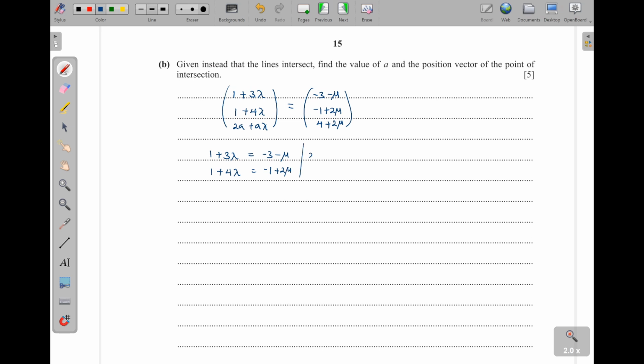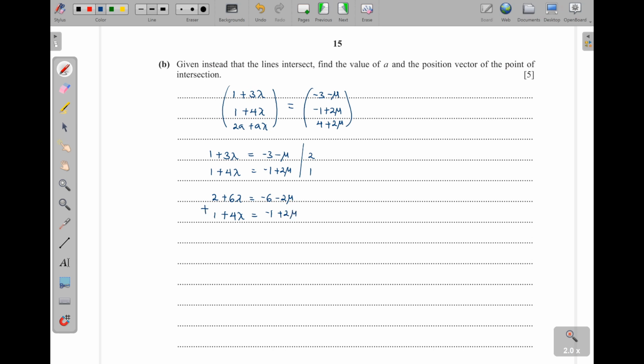Then I can multiply this one by 2 and then this one by 1, such that I can eliminate the mu. In other words, these are two simultaneous equations, so you solve them, okay? So we shall have 2 plus 6 lambda, which is going to be equal to negative 6 minus 2 mu, and then 1 plus 4 lambda, which is equal to negative 1 plus 2 mu.